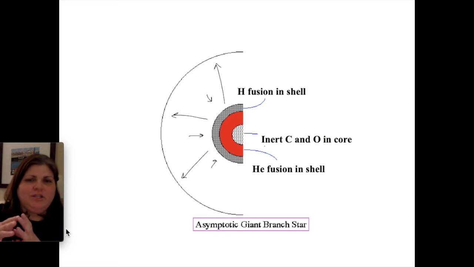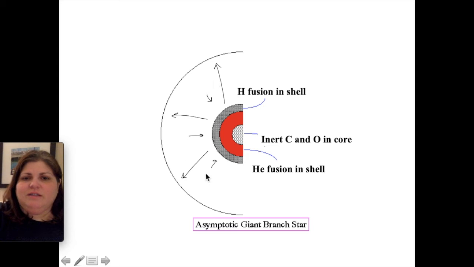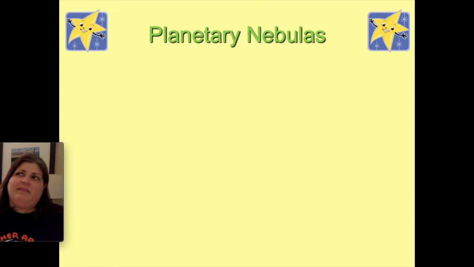Recall that in an AGB, or a second red giant star, there's fusion happening in the shell. The fusion is dumping its products into the core, and the fusion is causing the outer layers of the envelope to expand. That expansion eventually leads to the death, if you will, or perhaps the retirement of the star is a better term.